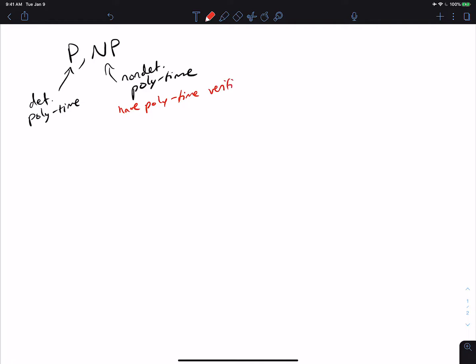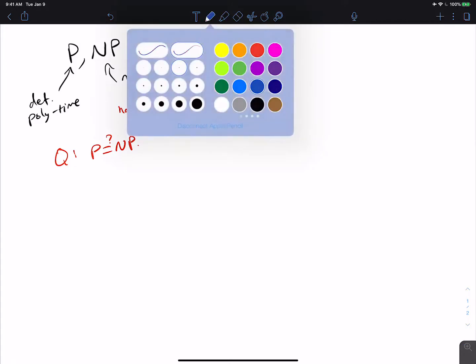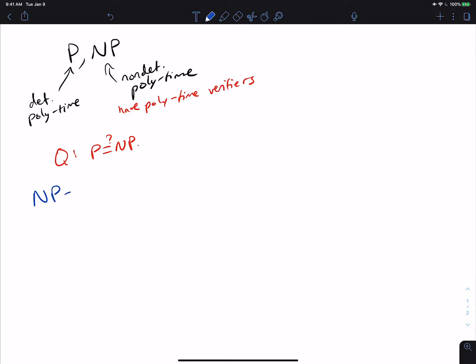So the class NP is the problems that we can check quickly. P is the ones that we can solve quickly. And the fundamental question is whether P is equal to NP or not, and we don't know the answer. But what we saw last time was the concept of NP hard and NP complete.